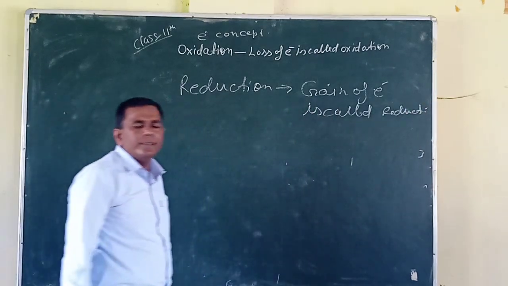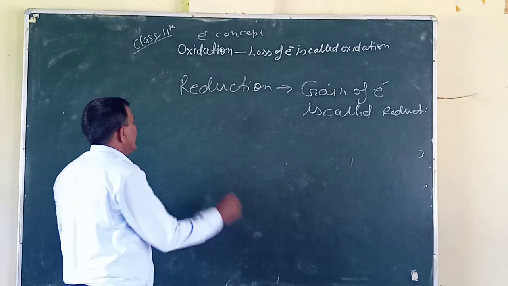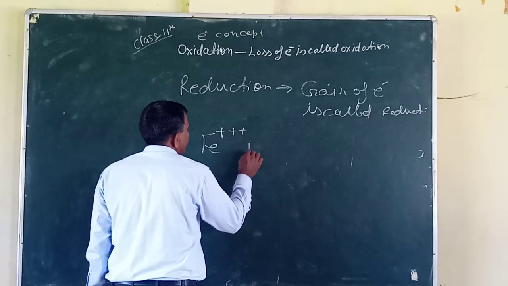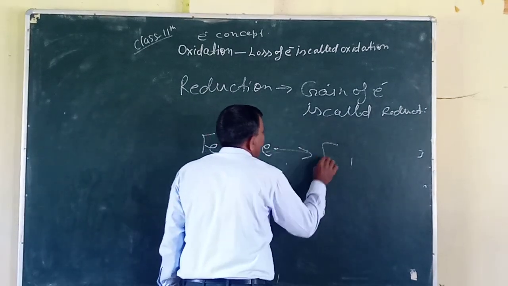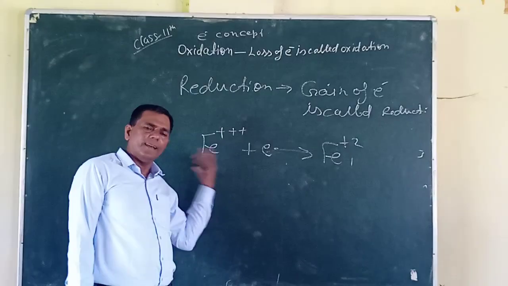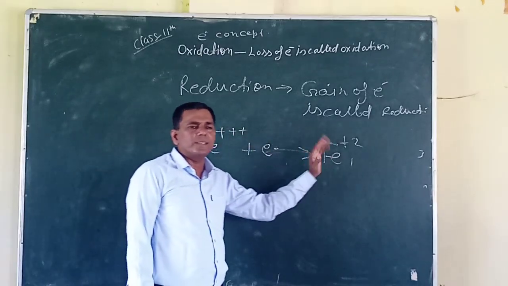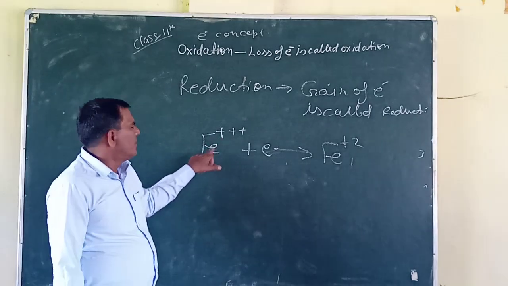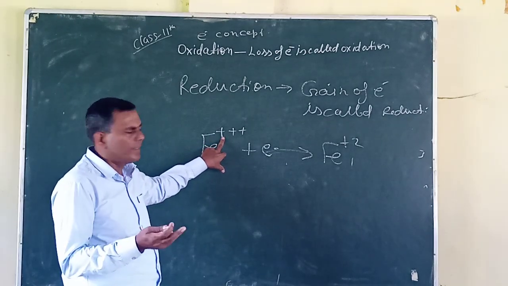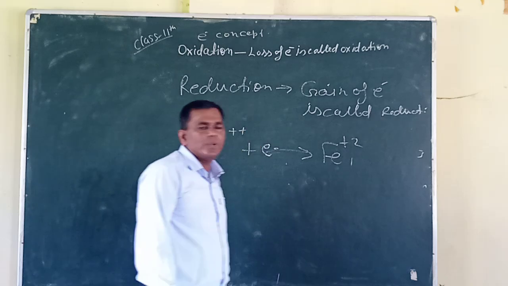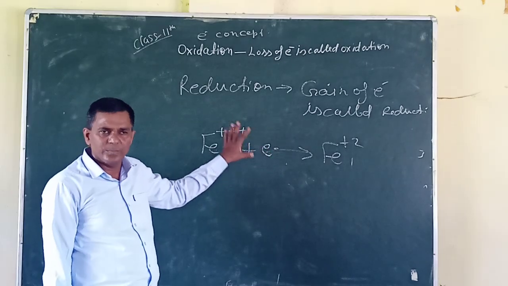Suppose Fe3+ gains one electron, so it becomes Fe2+. In this process the electron is added on the left side, unlike the oxidation process where it is on the outside. So iron with plus 3 charge gains one electron and is reduced to Fe2+. That means the valency of the element is decreased in this process.